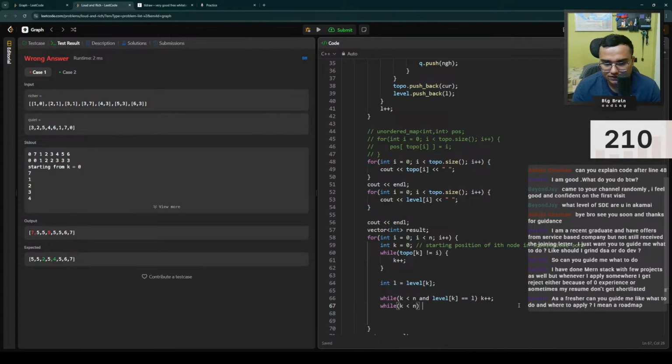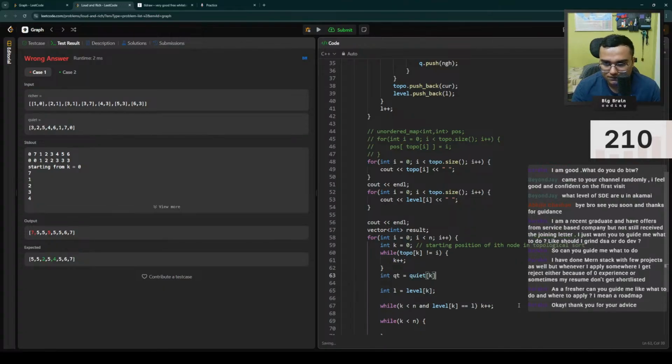While K is less than N, Q equals quiet of, fuck, I should have taken here the person, topo of K. Shit.